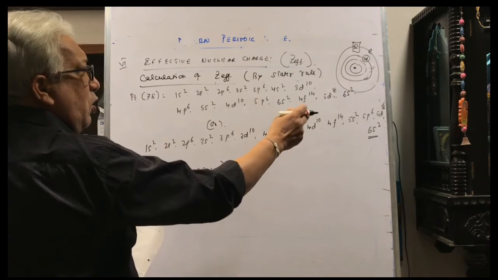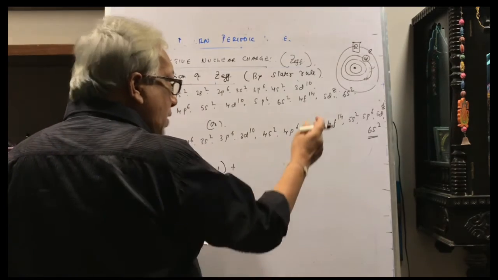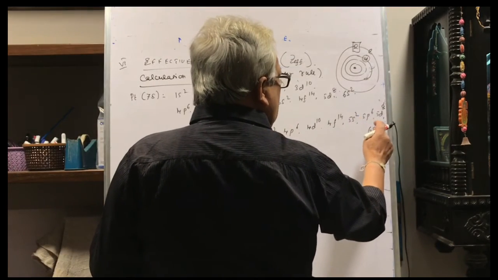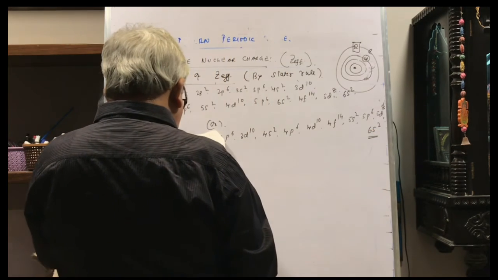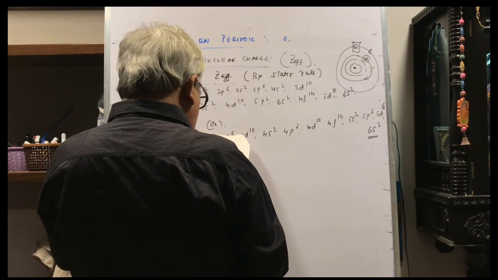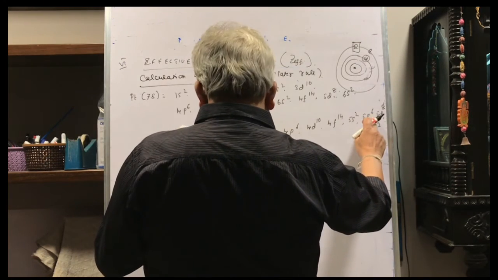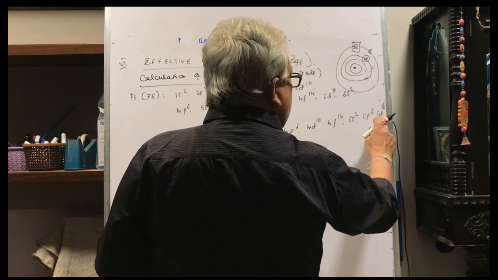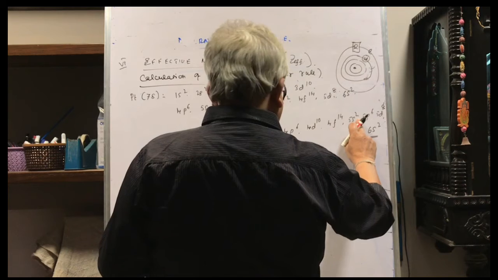And then in the previous shell, it will be 8 and 6, 14 plus 2, 16.